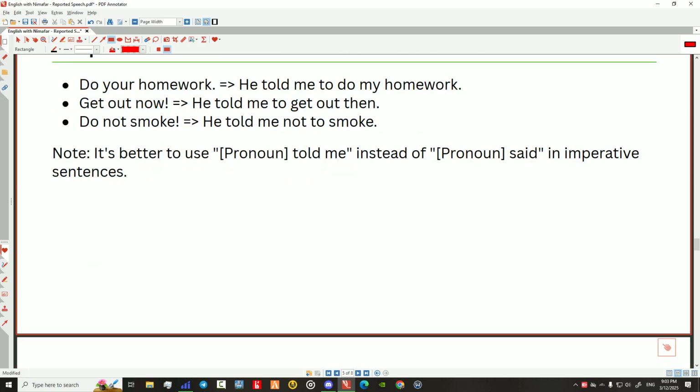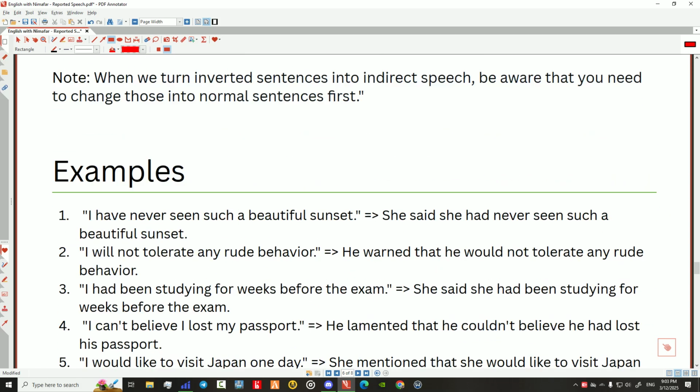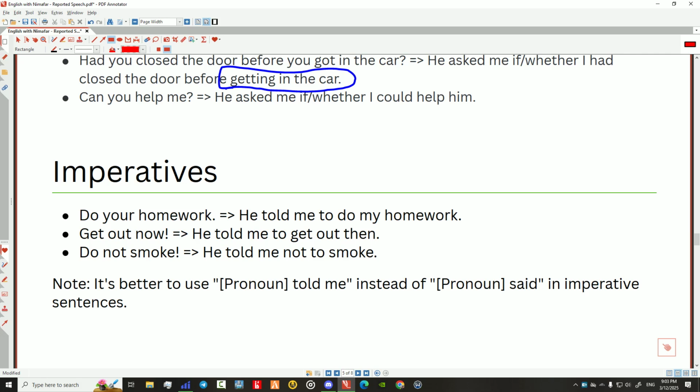Now let's talk about imperatives, and we will keep suggestions here. So imperative means command, order: do it, go out, study, don't smoke, don't do this. Do your homework. We use infinitives. He told me to do my homework.